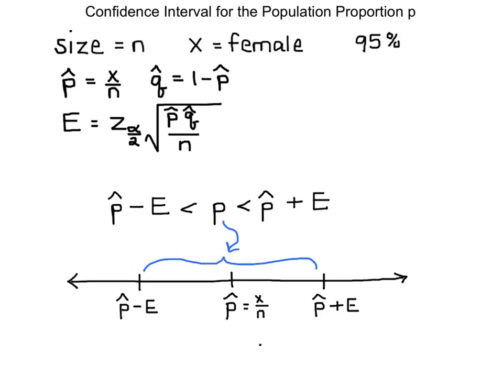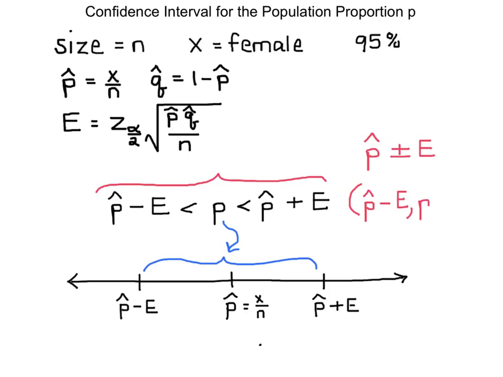Now I want to add that this is one way to write our confidence interval, but it can also be written as p hat, the sample proportion, plus or minus our margin of error. Or we could put it in parentheses as interval notation, from p hat minus our margin of error to p hat plus our margin of error.